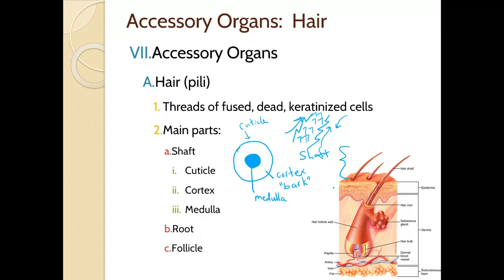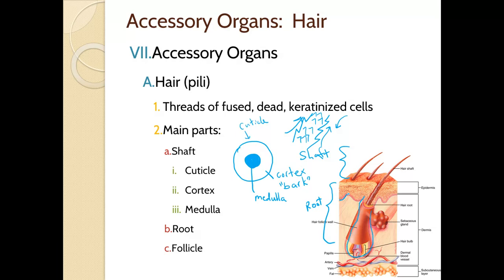Underneath the skin, down here, we have what is called the root. The root is the extension of the hair down below the skin, and it goes pretty deep. It actually goes all the way down to the deepest part of the reticular layer of the dermis. Around that root, there's a whole bunch of skin cells that have pushed down.